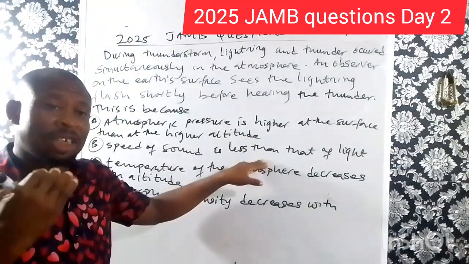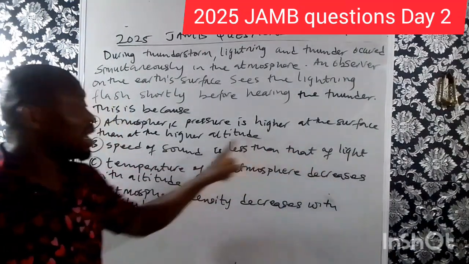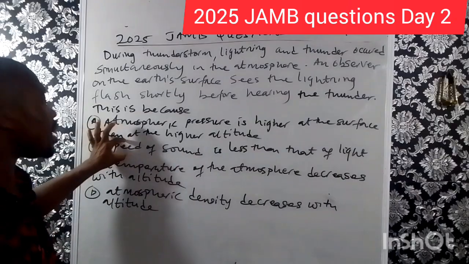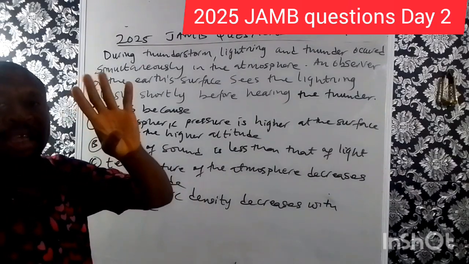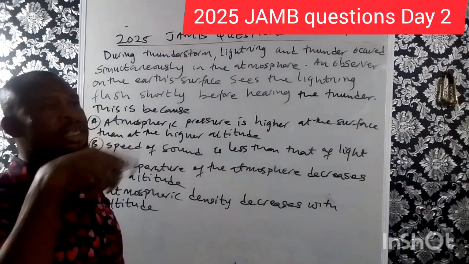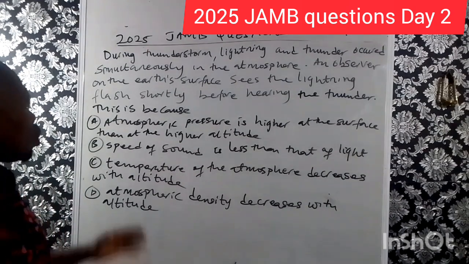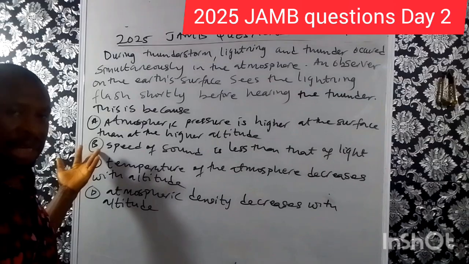Yes, the speed of sound is less than that of light. If you turn it the other way around, that means light has a greater speed than sound. That is why you see the light flash first before it is accompanied by the sound. So in other words, B is the correct answer option.